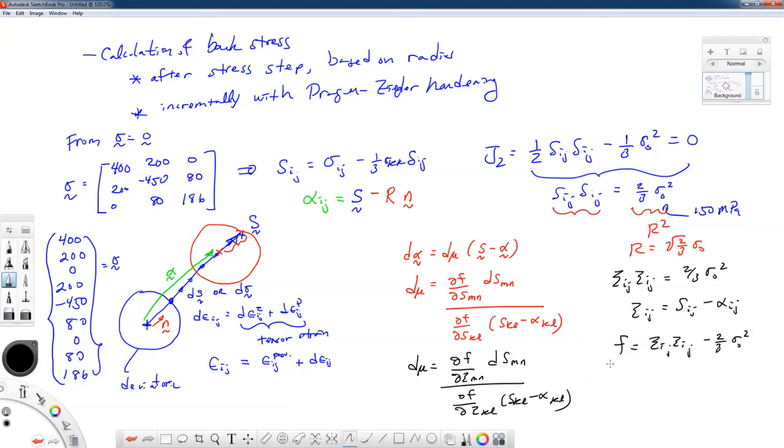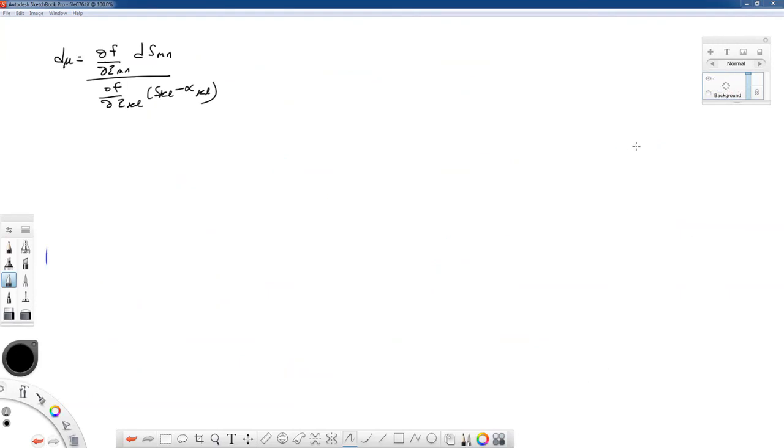Alright, let's make a little bit of room and let's talk a little bit more about that. Now this consistency condition can be expressed instead in terms of regular stress space. Then you'd have a d sigma mn and you'd have a sigma kl minus alpha kl, where alpha kl is the back stress in the regular stress space.